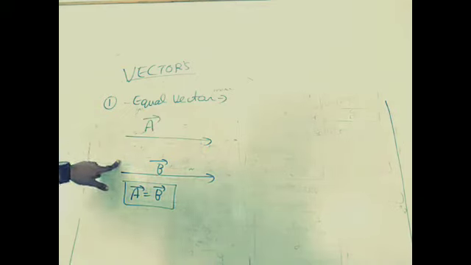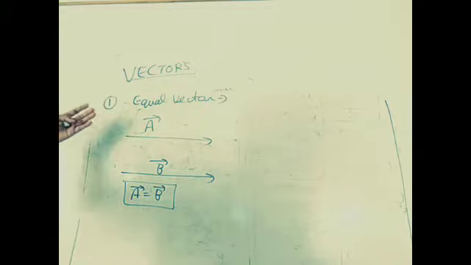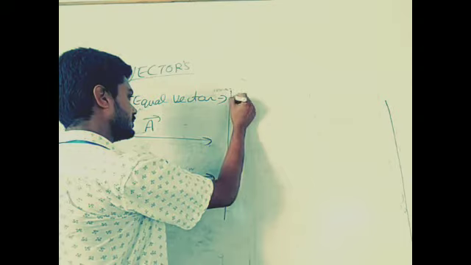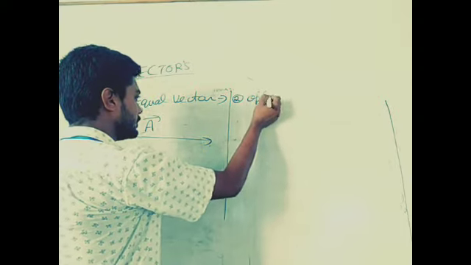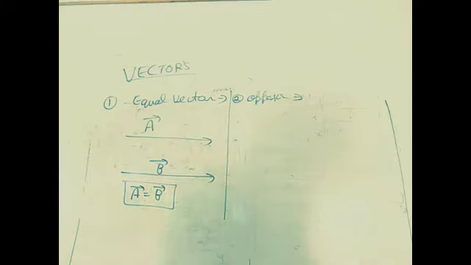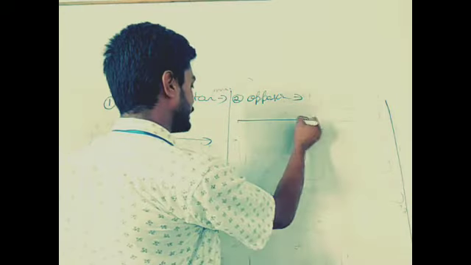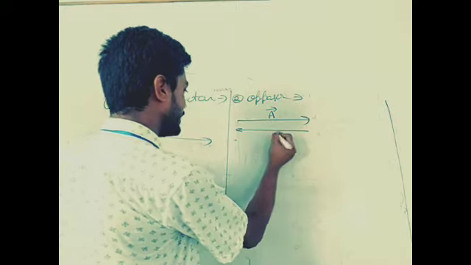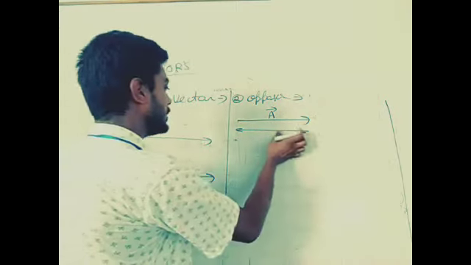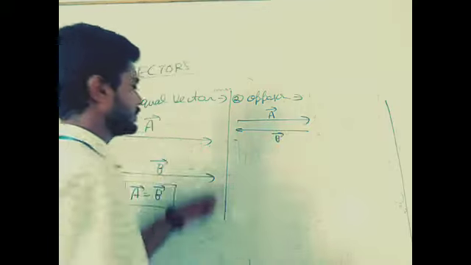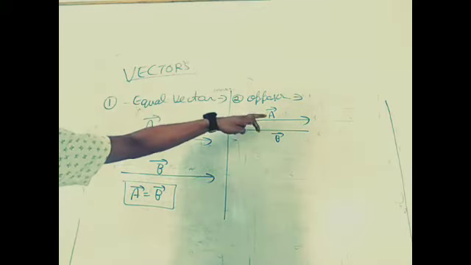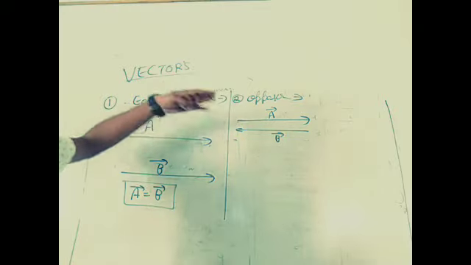Students, our next type of vector is opposite vector. Suppose there is a vector A and another vector B. These two vectors are equal in length, but you can see these two are opposite in direction.